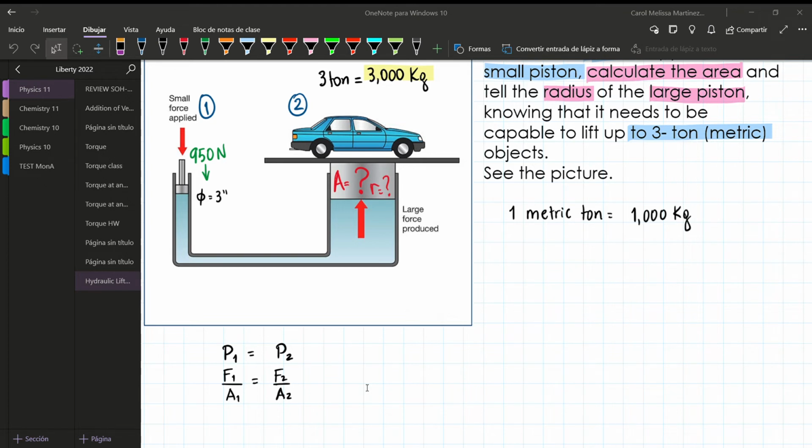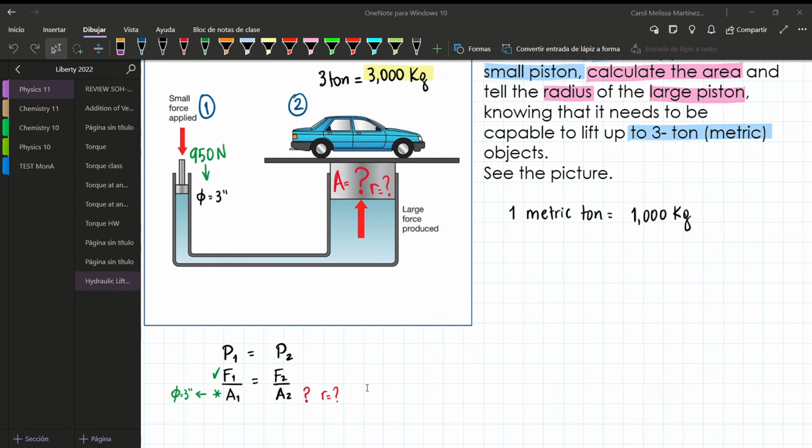I just have the force 1, which is 950 Newton. I can get the area 1 from the diameter. What I need to know is the large area, and also the radius, which is related to the area 2.